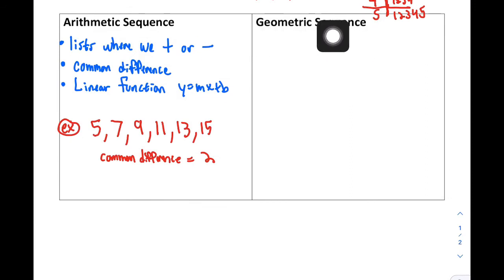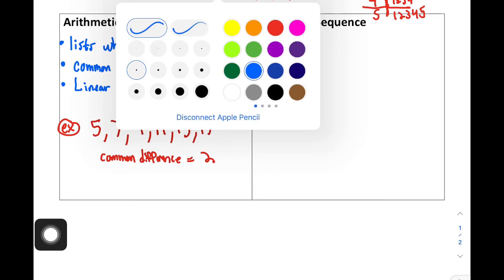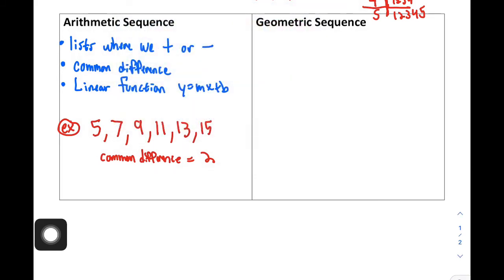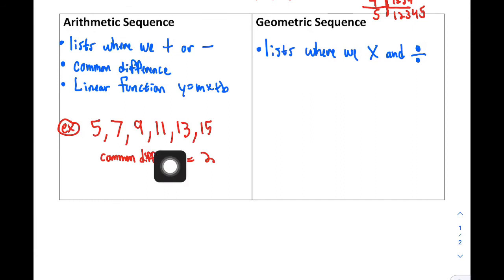On this side, we have a geometric sequence. So what a geometric sequence will be, these are lists where we multiply and divide. So this is a multiplication symbol and division symbol. And with these, we don't have a common difference. We have something called a common ratio.